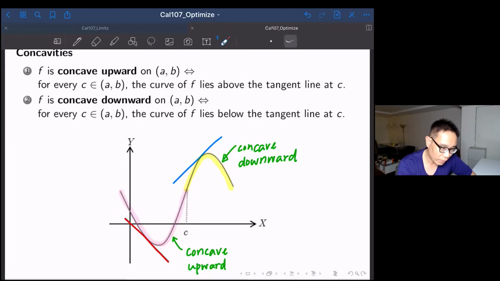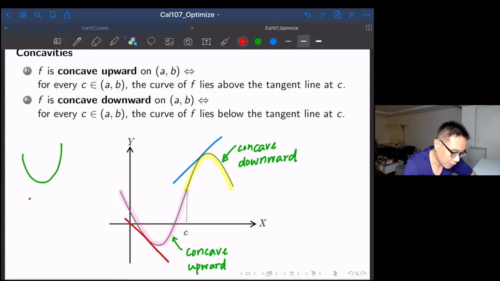Concave upward means your curve lies above the tangent line. So let me draw you a curve. You have a curve like this, and you have a tangent line.